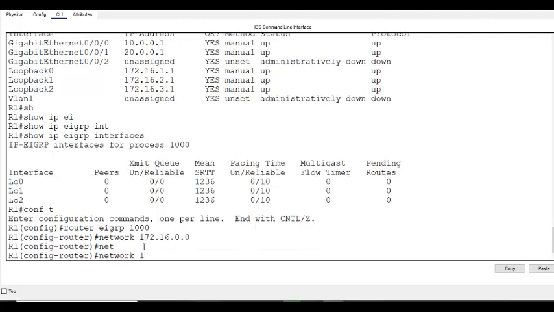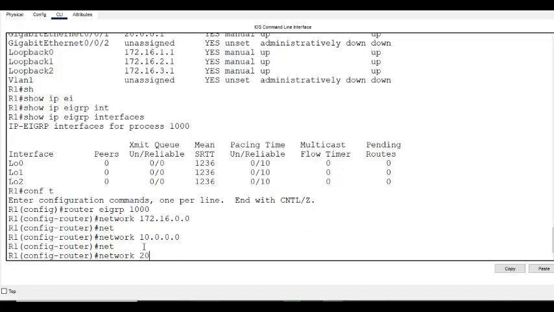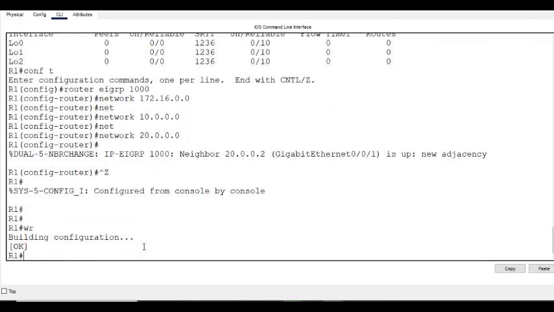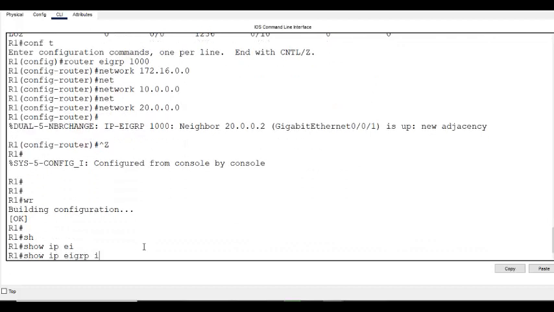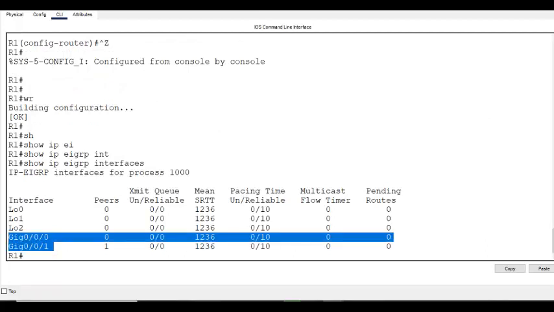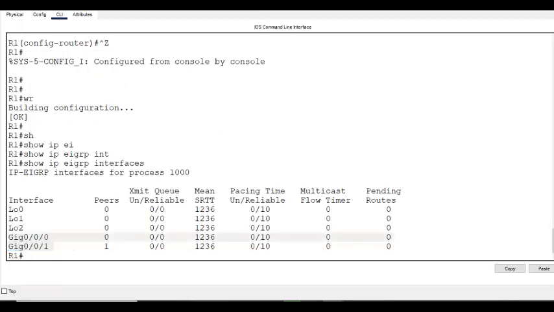Okay, now you see the verification. Show ip protocol. Listen. I'm asking the router to show me what routing protocol it runs. You see here, EIGRP 1000 is running. Out of 5 K values, only 2 are considered, K1 and K3.